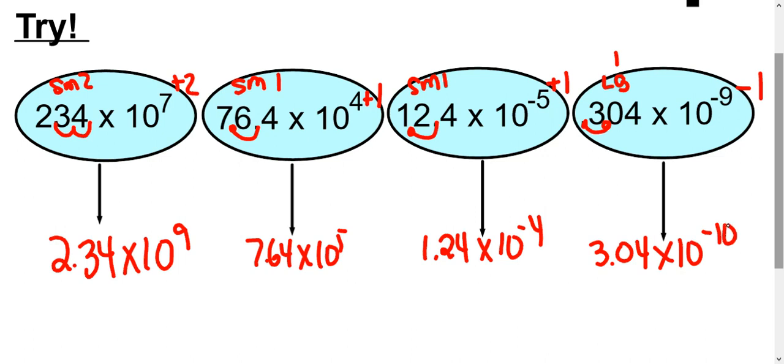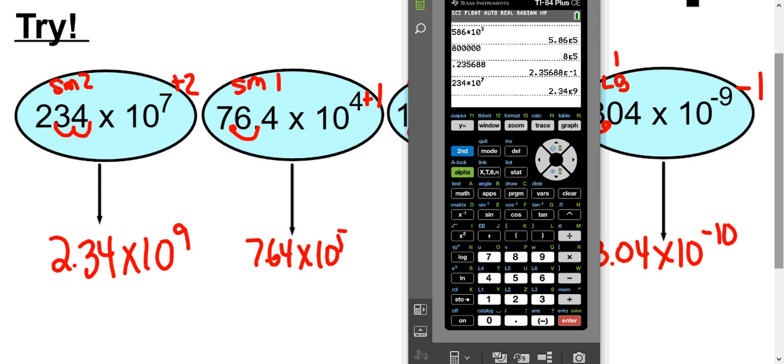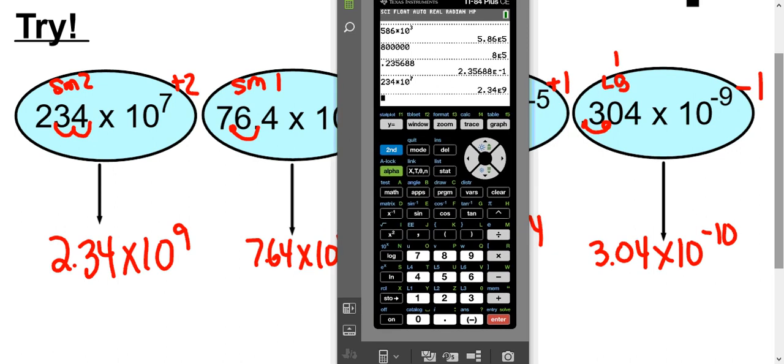But I'm going to bring this calculator back up again. If you're a little confused, you're in scientific notation mode, you put in 0.304 times 10 to the negative ninth.